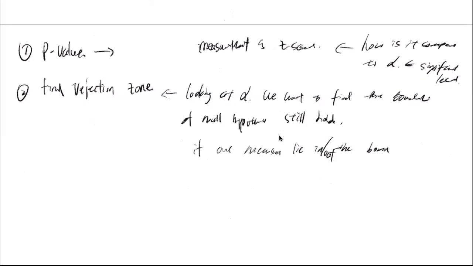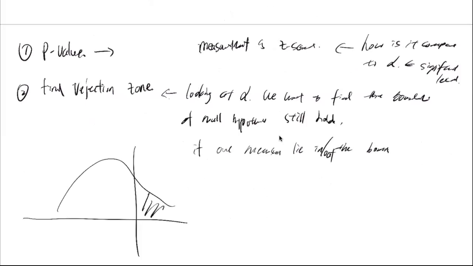A visualization of these two: for the p-value, we are given alpha and the critical value. Alpha stands for this region, and we check whether the p-value is less than alpha.